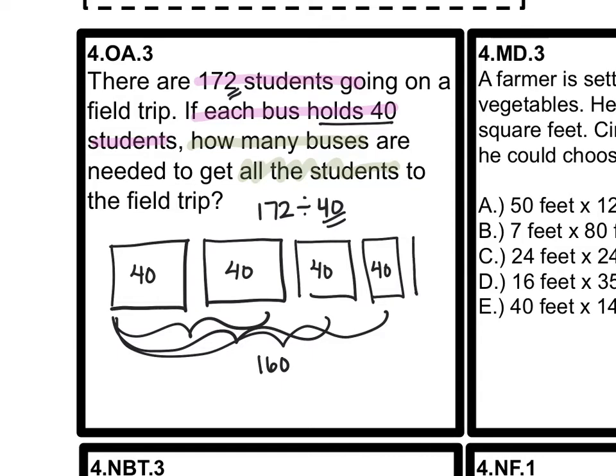However, we need to add, I'm going to draw it in orange, this extra bus of 40 students here, because even though this is 200 students total, which is more than 172, this ensures that all the students get to go. So this extra bus ensures that everyone can go, all 172 students. So the answer is you need 5 buses. I just added 40 at a time to figure out how many I would need overall.